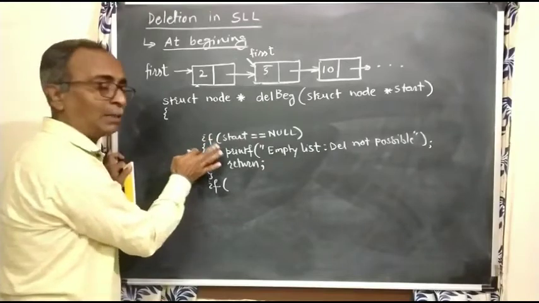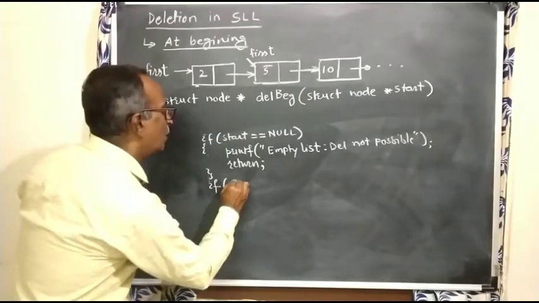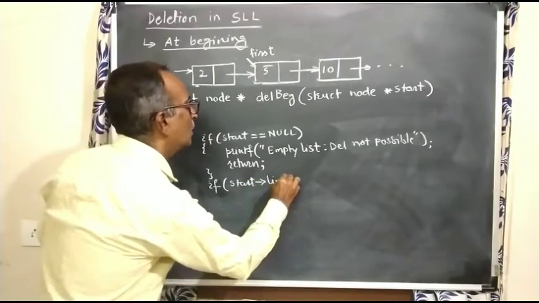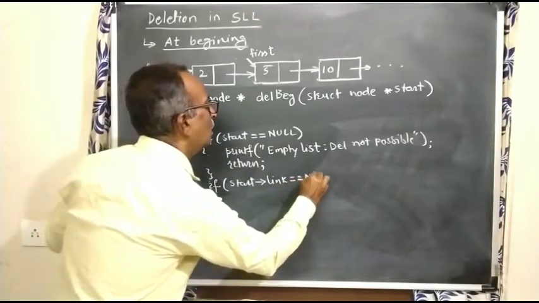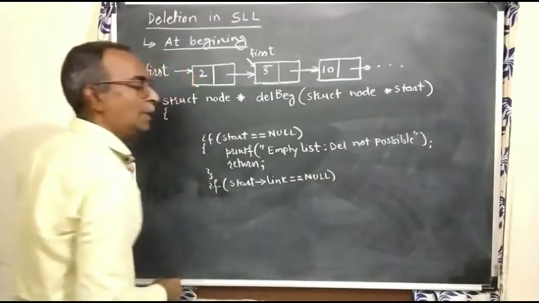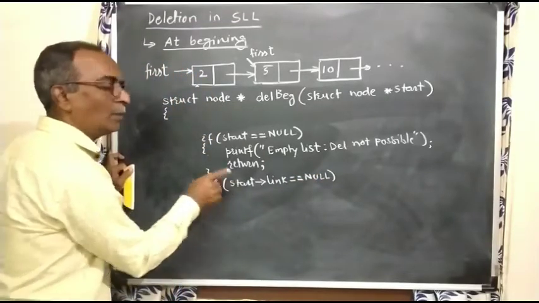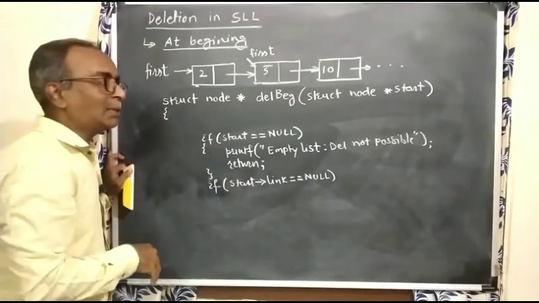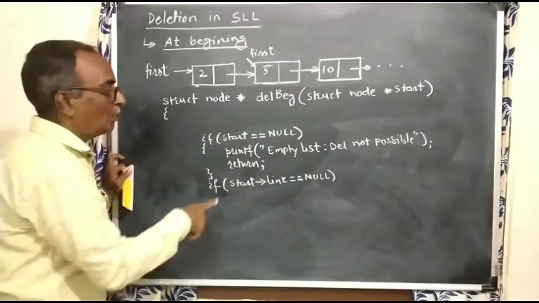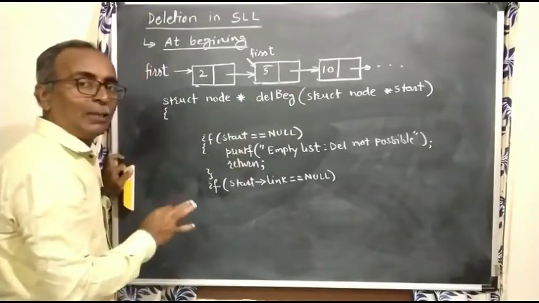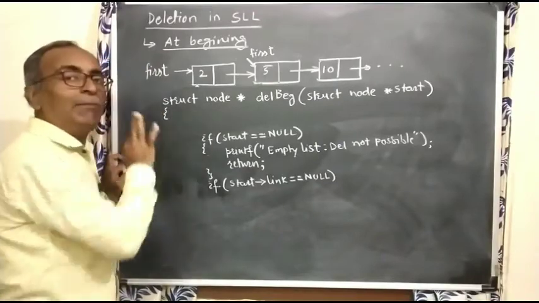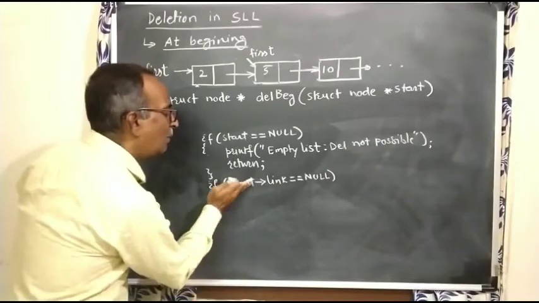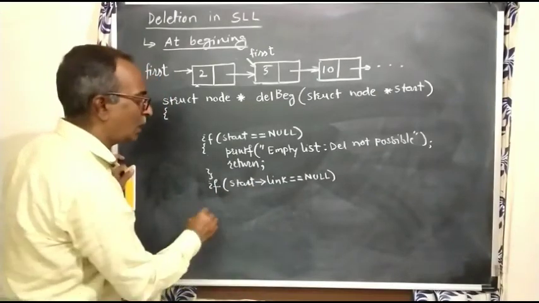If the linked list is not empty and only one node is present, start link is equal to null, meaning only one node. Then, since one node is present, after deletion of that node the linked list will be empty. So this delete beginning function is setting start to null, and that should be reflected back, so we will return start.